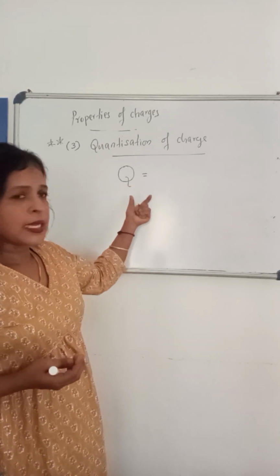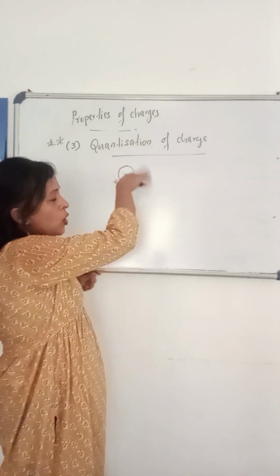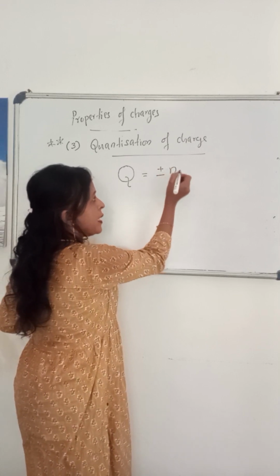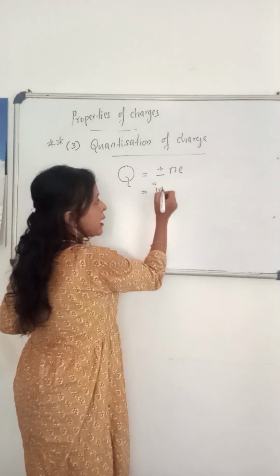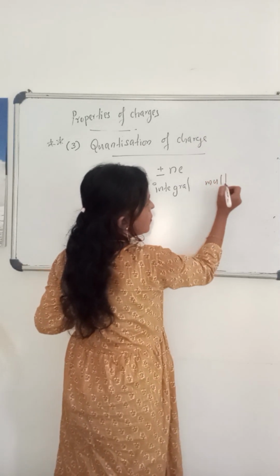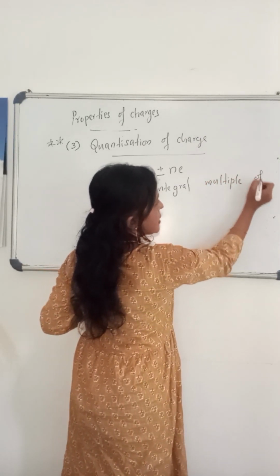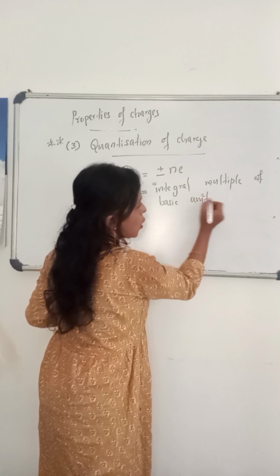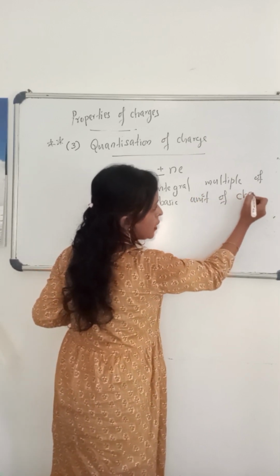Quantization of charge means the total charge present on the body is Q, and Q is equal to plus or minus ne. That is the integral multiple of the basic unit of charge. What is the basic unit of charge?